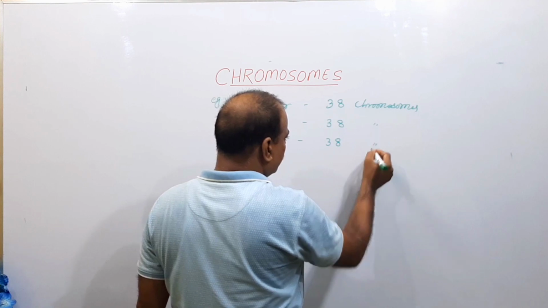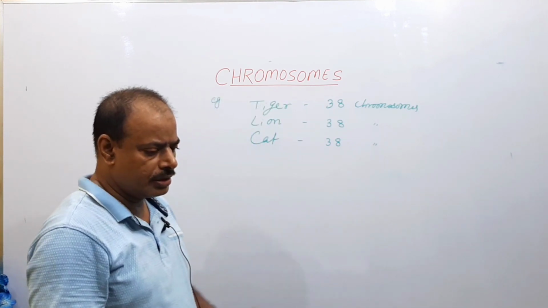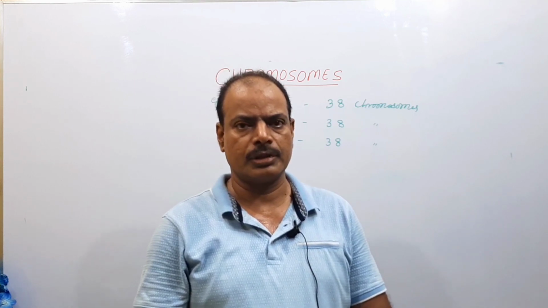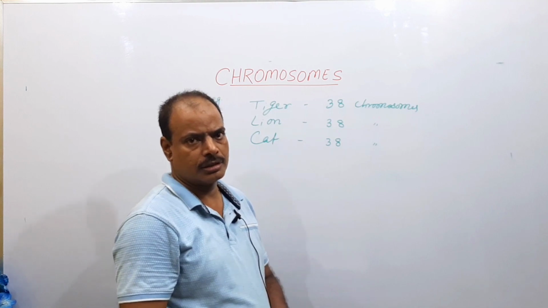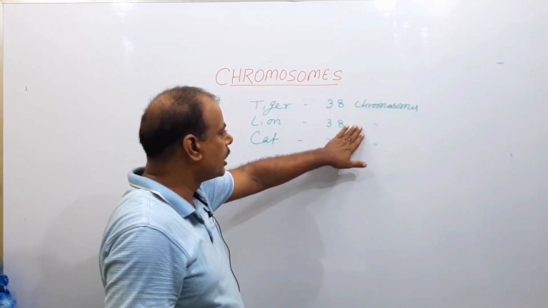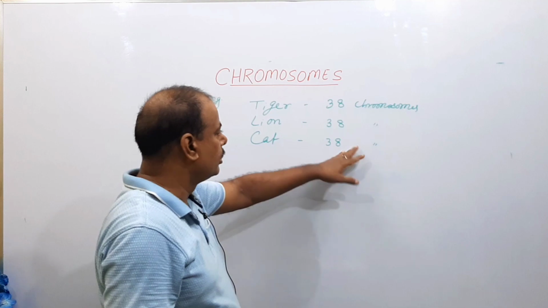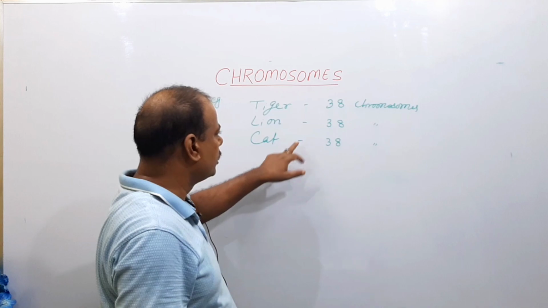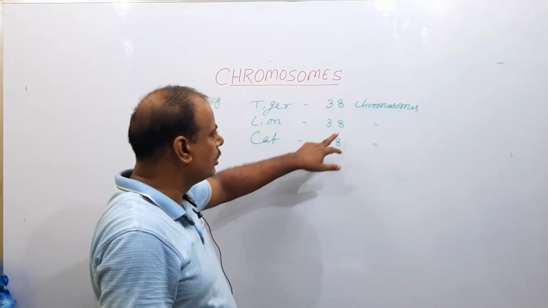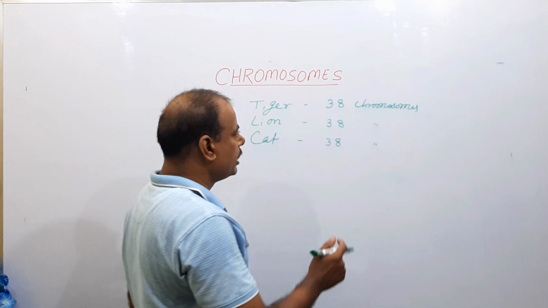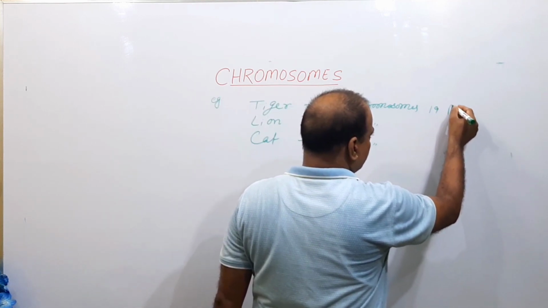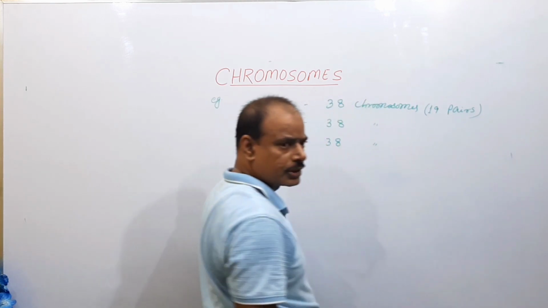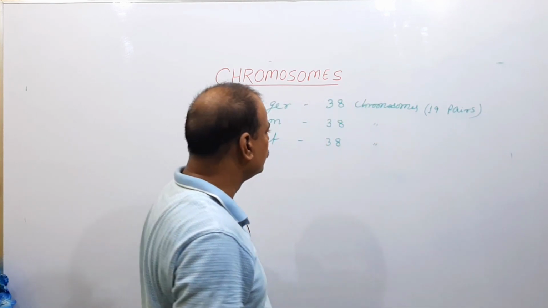They contain 38 chromosomes each. Simply, different organisms contain different chromosome numbers, but there are cases in which the number of chromosomes is similar in different organisms. All these three contain 38 chromosomes, meaning 19 pairs of chromosomes.